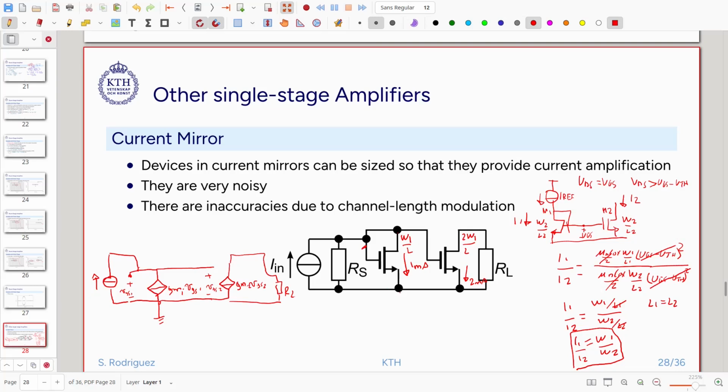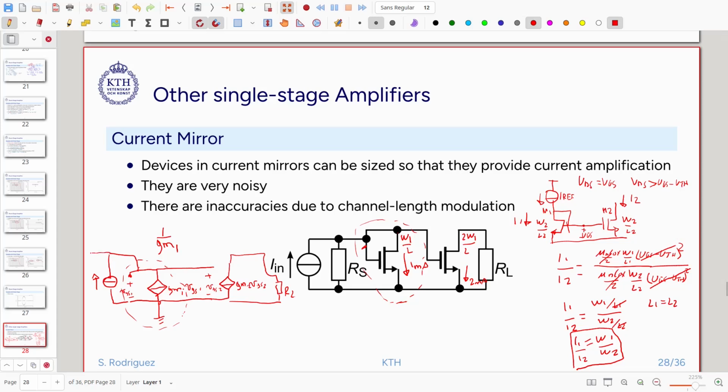Now we have already talked a little bit about this configuration of the diode connected transistor, and we have seen that in this configuration, this behaves like a resistance with a value 1 over gm. In this particular case, it will be 1 over gm1. Normally it is a small resistance, which is good because when we connect a current, we want to have a small resistance sinking all the current.